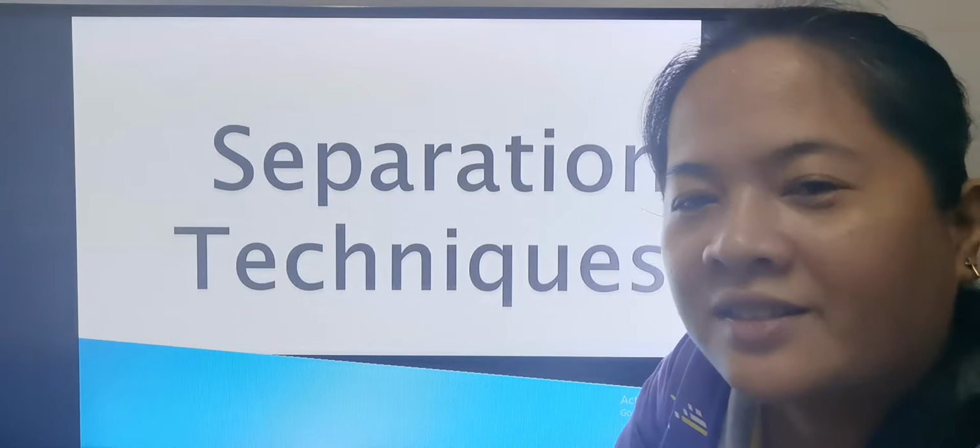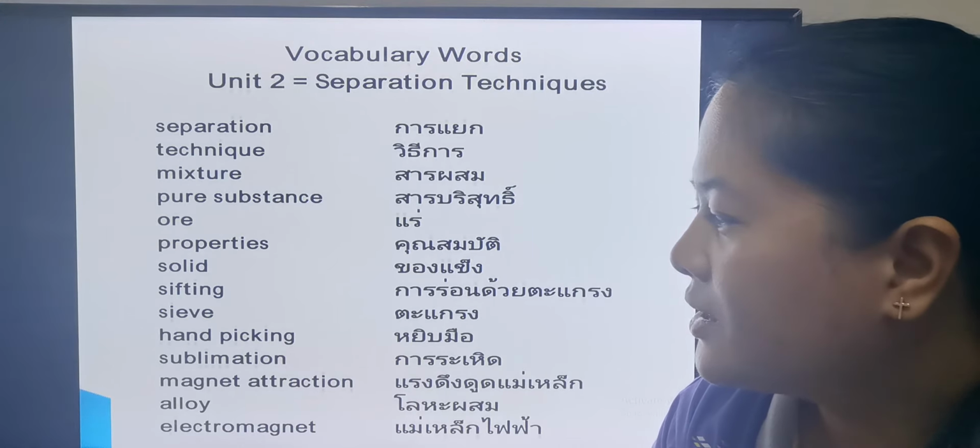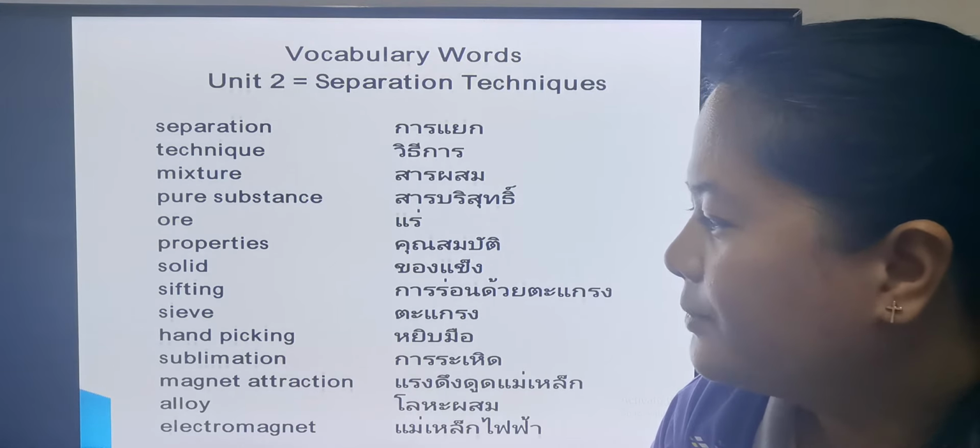So we have separation technique, mixture, pure substance or properties, solid, sifting, sieve, hand picking, sublimation, magnet attraction, alloy, and electromagnet.